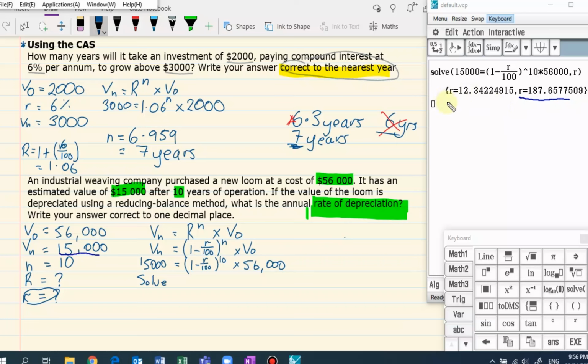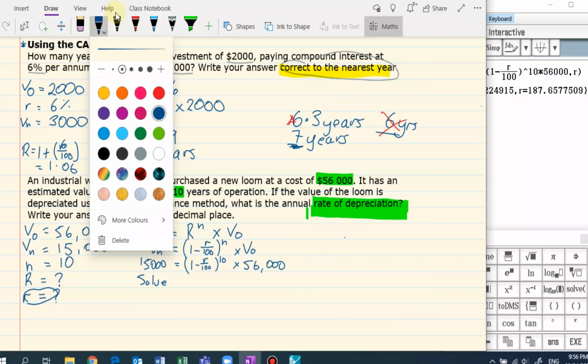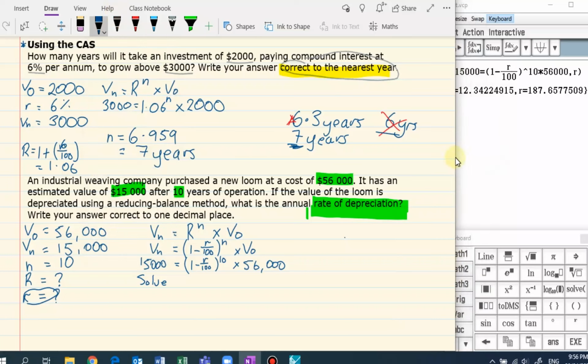That's just the logical way of explaining it without going into the indices and the rest of it.